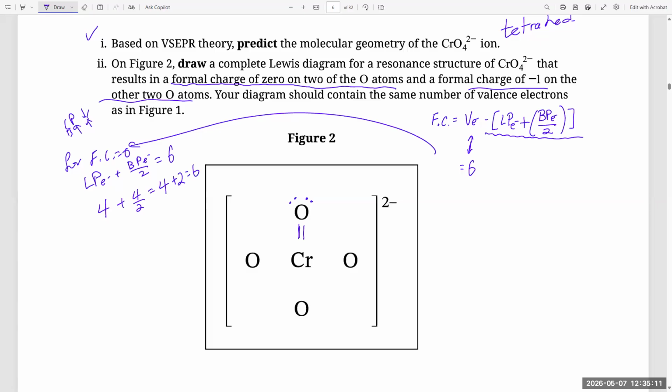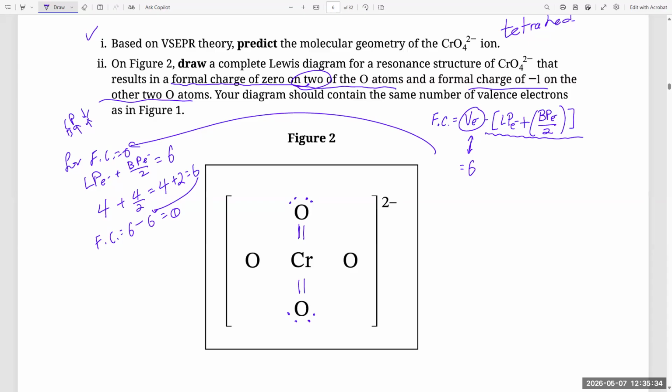And remember, this value is being subtracted from our valence electrons. Therefore, in this case, formal charge would be 6 minus 6, which is 0. So this does give us the formal charge. They want 2 of the oxygens to do that, and we'll do it this way, like so.